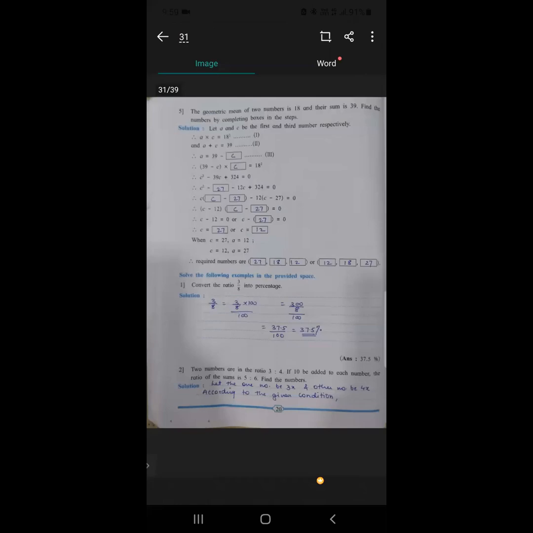First of all, we are going to solve some questions, and then we will move to practical number 6. So let us see page number 20. If you are ready with your practical booklet, you can take it out and note down.